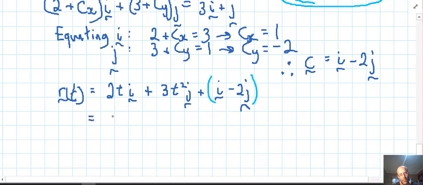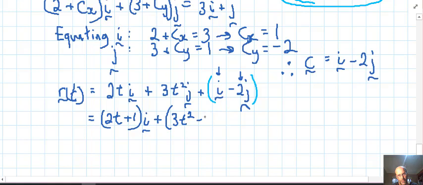So what we do now is actually put the i components together. So we've got 2t and we've got 1 here, so 2t plus 1 i, and then the j components, so we've got 3t squared minus 2 there, and there's our vector.